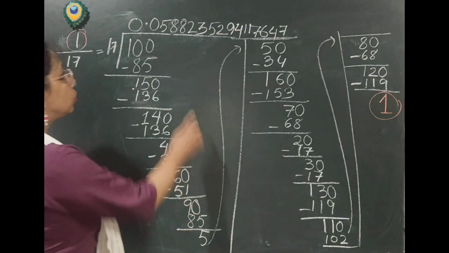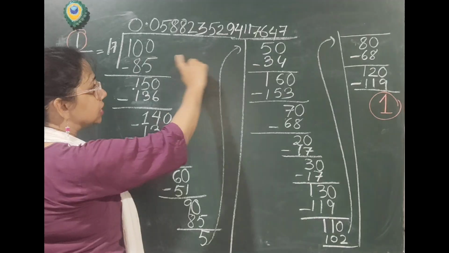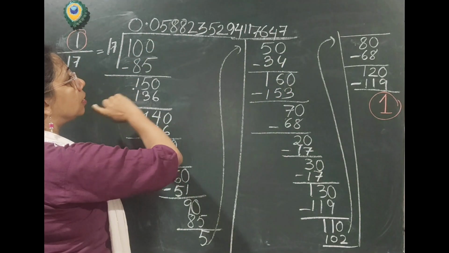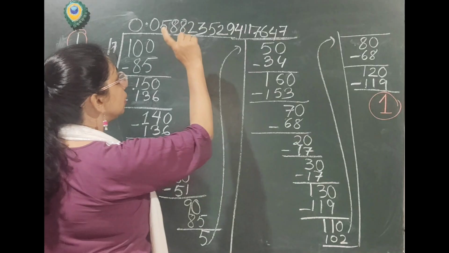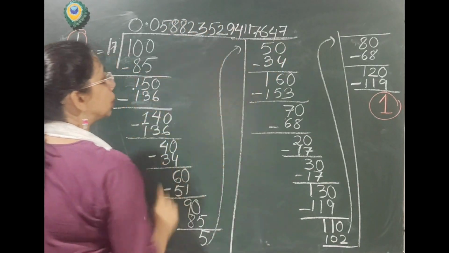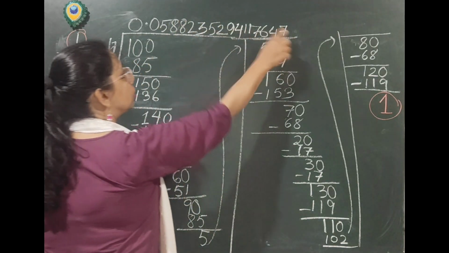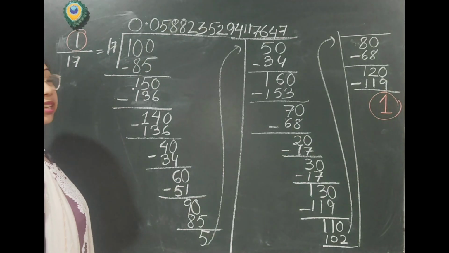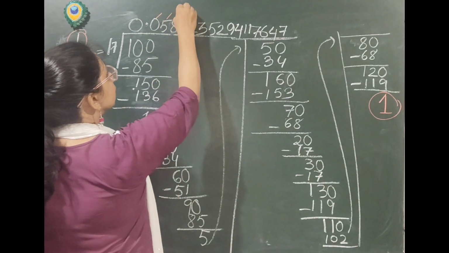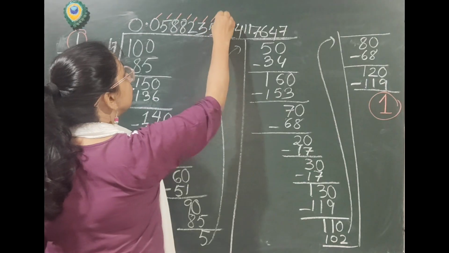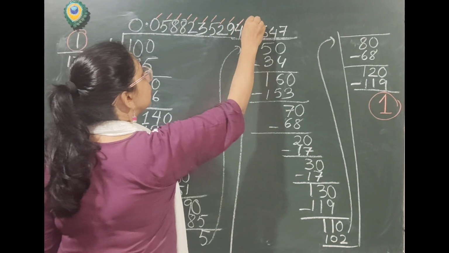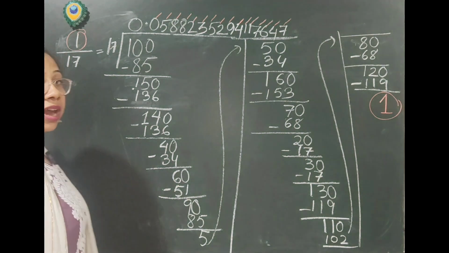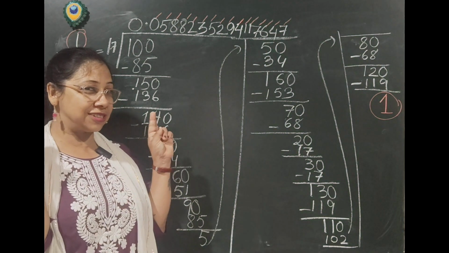That means the maximum number of digits in the repeating block of the digits are here only. These are those digits. So let us check how many digits are there. 1, 2, 3, 4, 5, 6, 7, 8, 9, 10, 11, 12, 13, 14, 15 and 16. Yes, we get 16. So this is success.